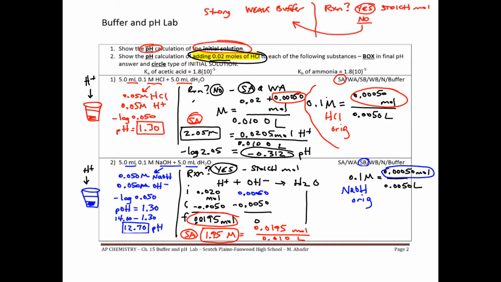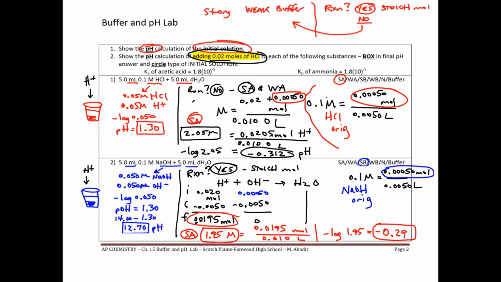Then all I have to do is take the negative log of 1.95, and I get a pH of negative 0.290. So that's still very acidic, but not exactly like it was in the last problem. That makes sense because we added acid to a base, so it's not quite as low as it was before.